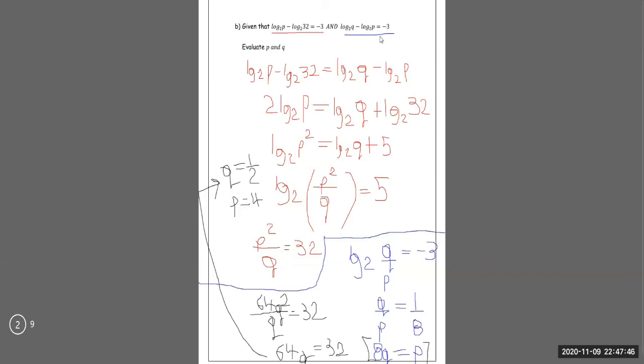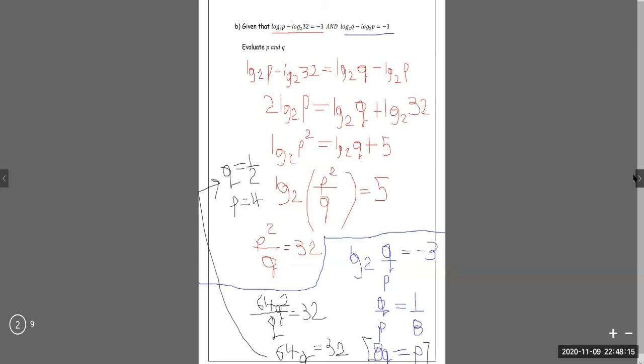So we substitute the 4 here, bring it over, and we get log to base 2 of q equals 1. And so we get that. I get what you say now, and we still get our same answers. All right? Yes, sir. Very good. So we can clearly see that there are many ways to tackle the question with log. Yes, sir. So that's part B.